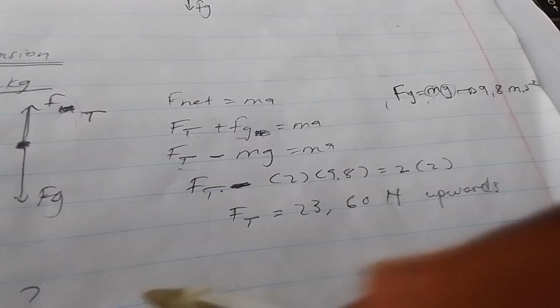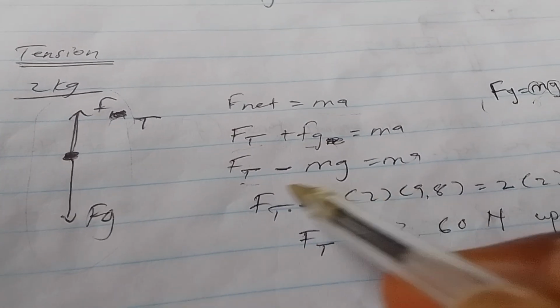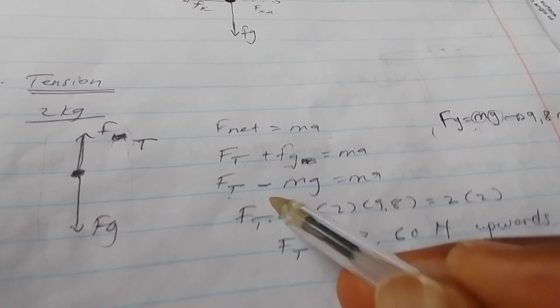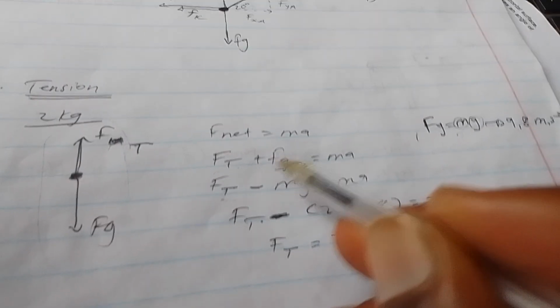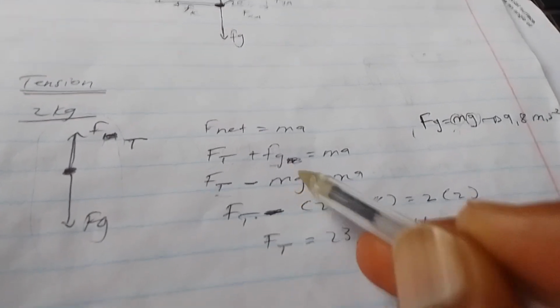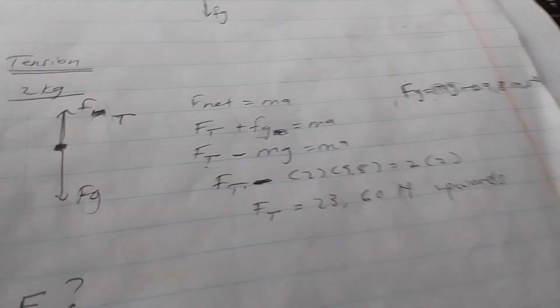We know our Fg is acting where? Downward, so it's negative, it's minus now because it's acting downward. So mg is just the formula of Fg, because we want to substitute the values so that we can find the overall value of our Fg.